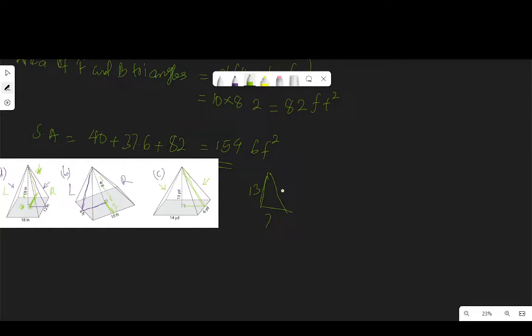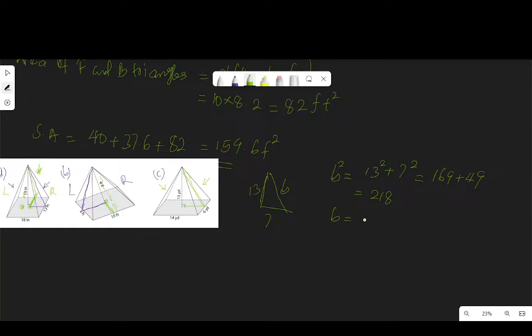Let's call it B. Applying Pythagoras, B squared is equal to 13 squared plus 7 squared. That is 169 plus 49, which is 218.